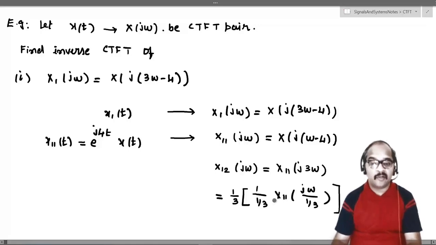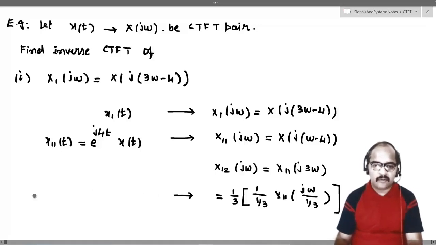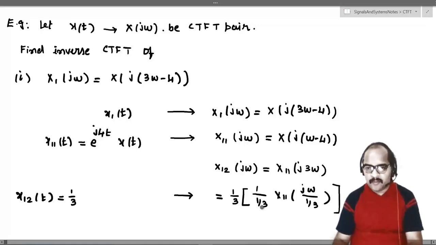Because we know that 1 by mod a x11 of j omega by a has a corresponding signal which has this as the Fourier transform. So the corresponding signal would be x12 of t, which is equal to how much now? 1 by 3 times this, which is 1 by a x11 of j omega by a.